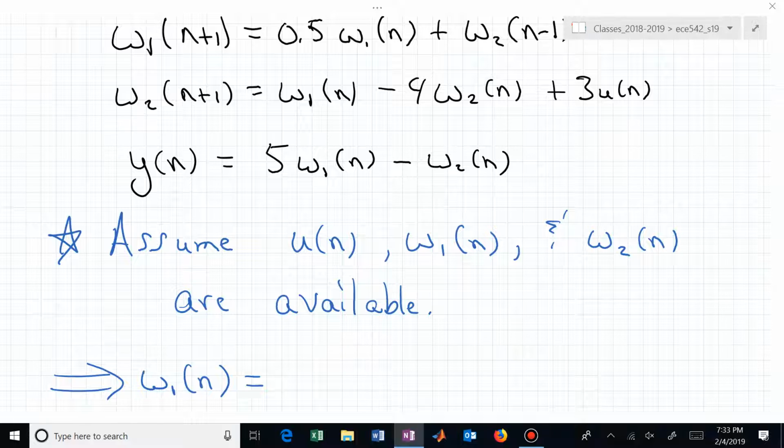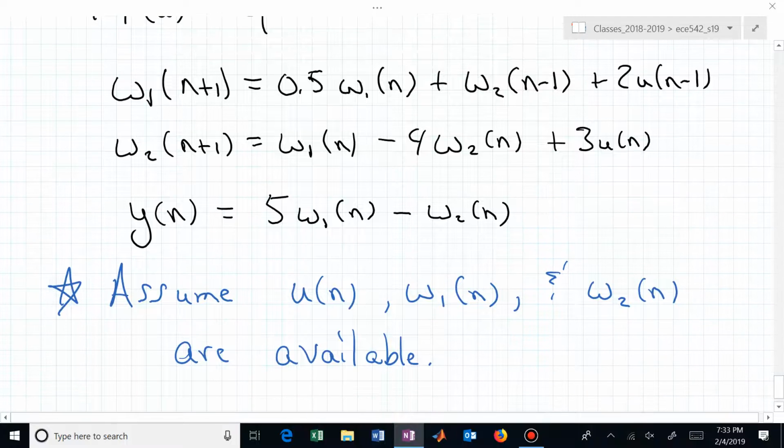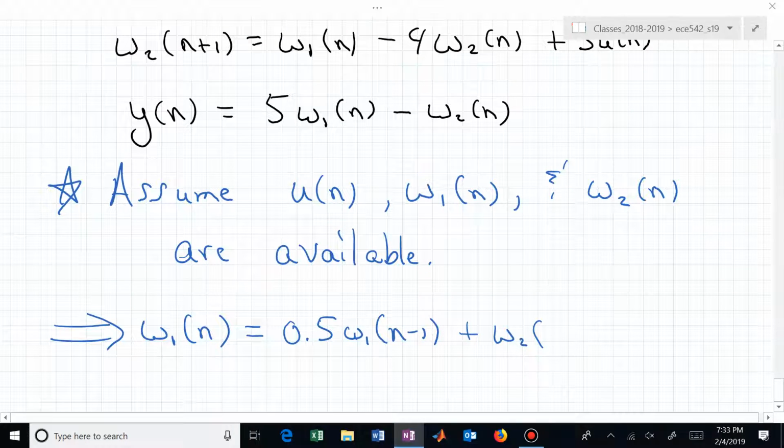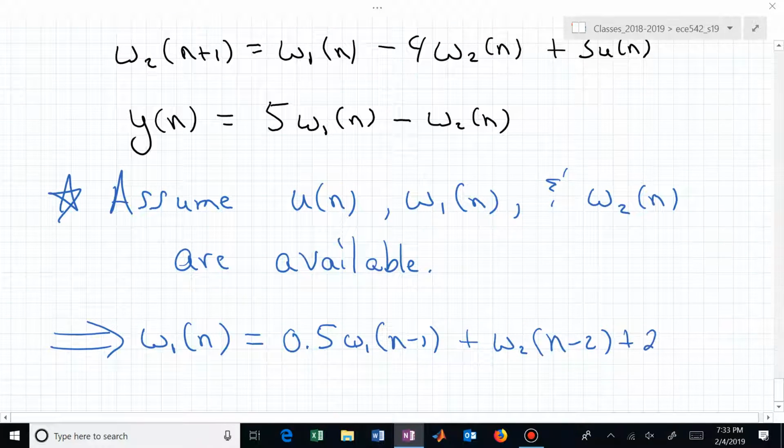That means when we see this 0.5 W1, what does its argument become? It's now n minus 1. We have plus W sub 2 of n minus 2. And we have plus 2 U of n minus 2.